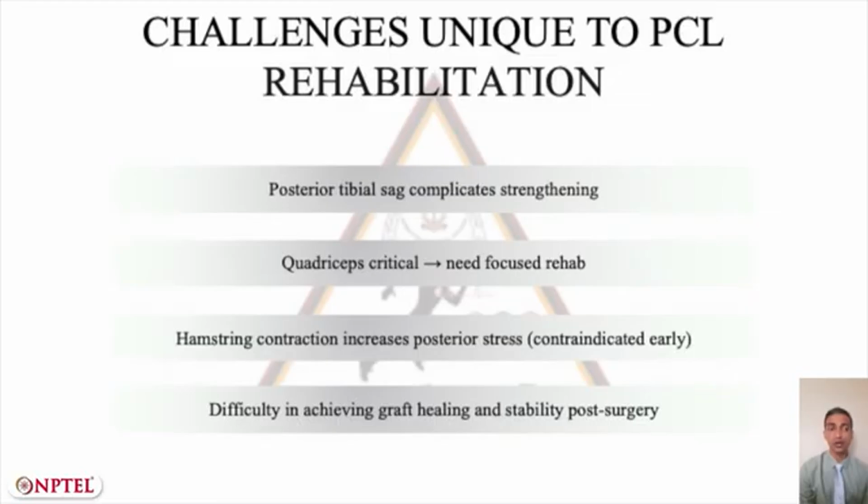The hamstrings, on the other hand, pull the tibia backward, and hence hamstring activation and strengthening must be avoided during the early phases of rehab. Even after surgery, graft healing and achieving stability are more difficult with PCL than with ACL reconstruction. Hence, PCL rehab takes a longer duration than ACL rehab.